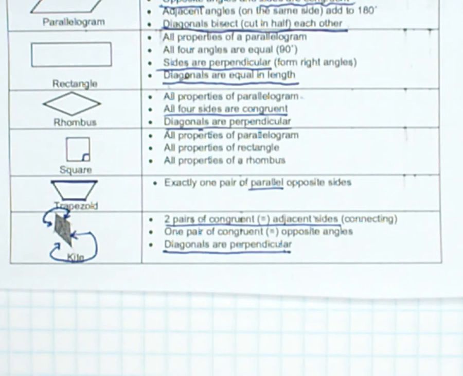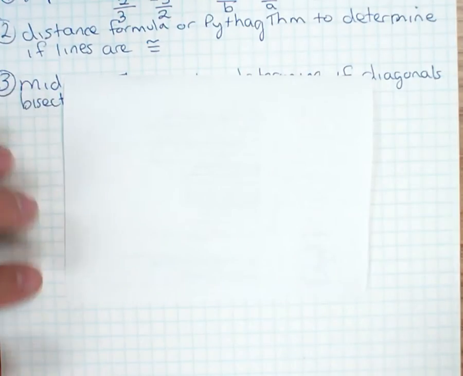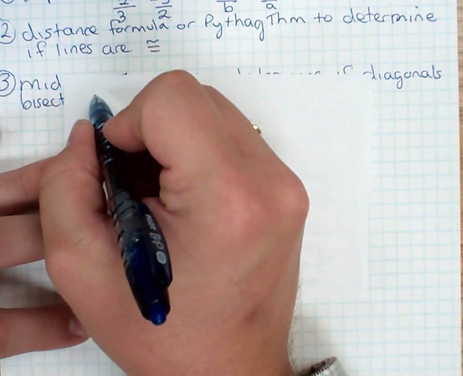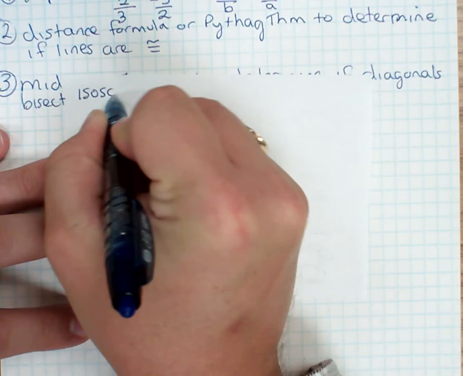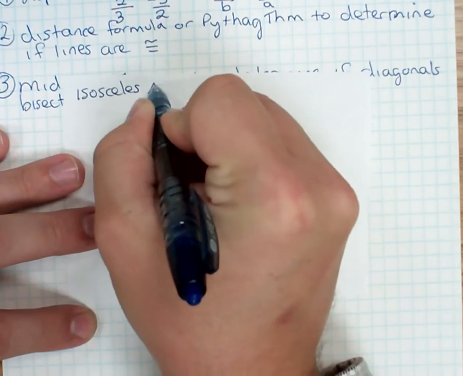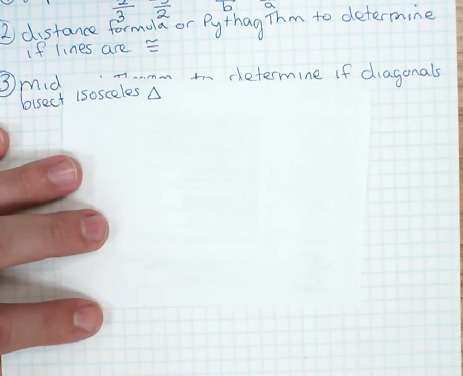Okay, so what I'm going to use now, occasionally there are shapes that are triangles, obviously. So if we had triangles, let's flip this over and talk a little bit about the triangles. Let's say I have an isosceles triangle. Do you remember what an isosceles triangle is?